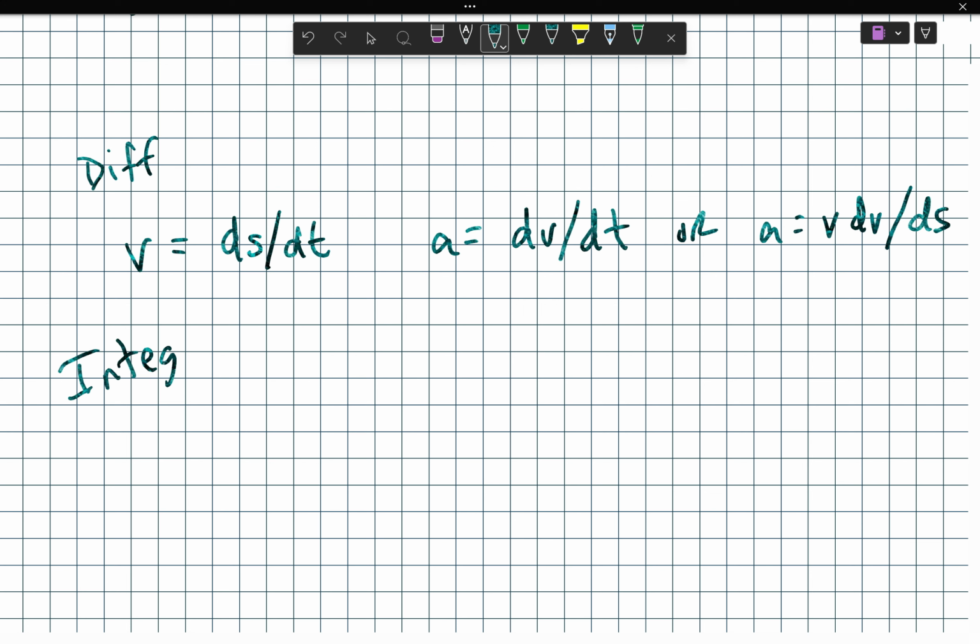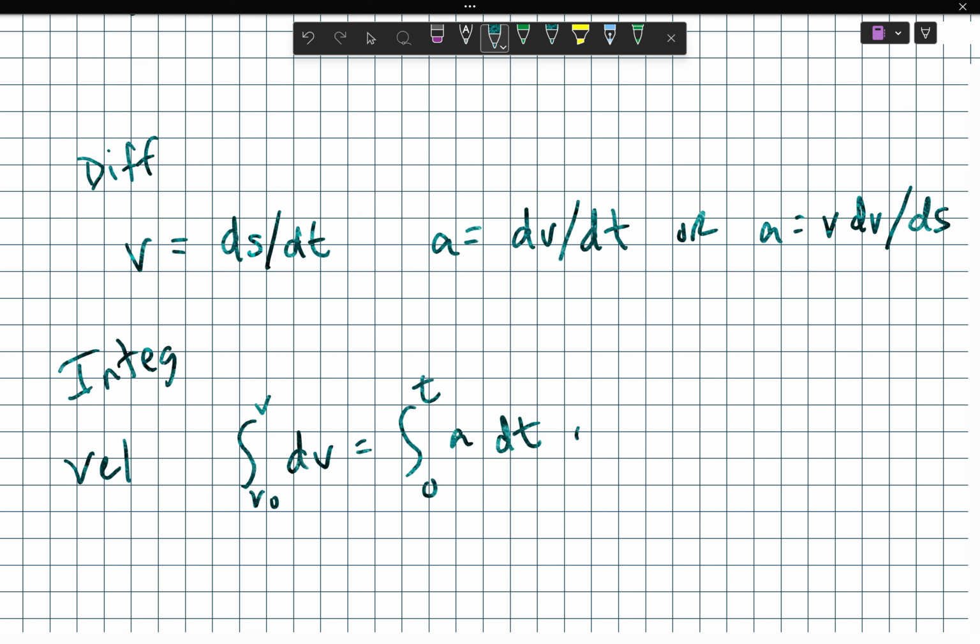Integrate acceleration for velocity and position. So it makes sense, according to our calculus. For velocity, we take the integral of dv from v0 to v, which equals the integral of a dt from 0 to t.